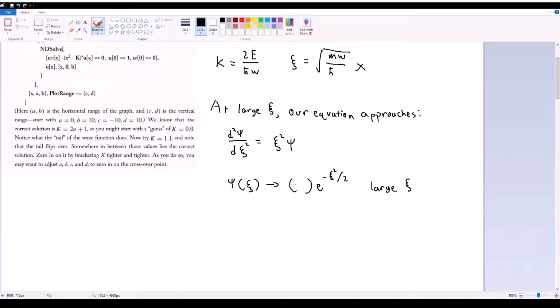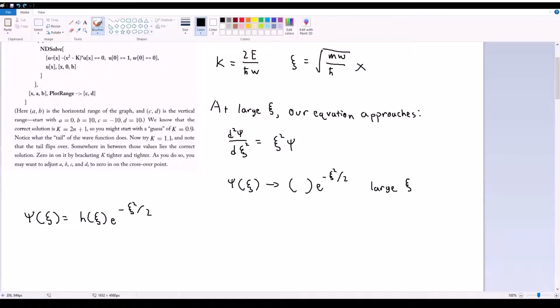We don't necessarily know what the front factor is, but we can just write it as some function arbitrarily, and write psi of xi equal to some function h of xi multiplied by e to the negative xi squared divided by 2, where this is a function that behaves in such a way that this entire thing as a whole does go to 0 as xi goes to infinity. So this has been gone over extensively in the section dealing with the harmonic oscillator. If you're not comfortable with how this is done, please go back and look at that.